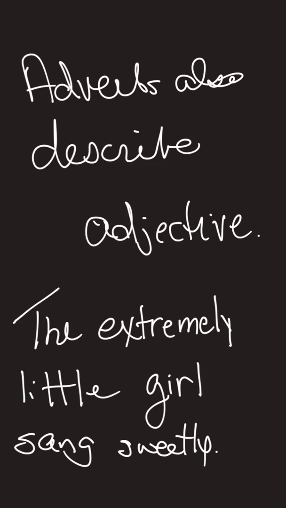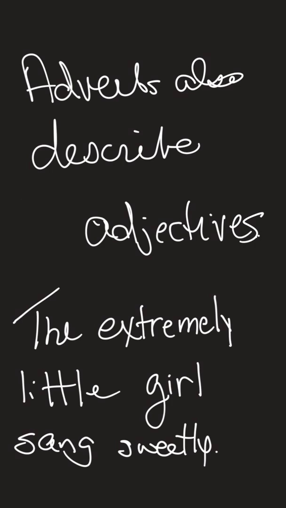They also describe adjectives. It's right there. So let's look at this sentence. The extremely little girl sang sweetly. So once again, we know all the words in this sentence. We've already labeled them.